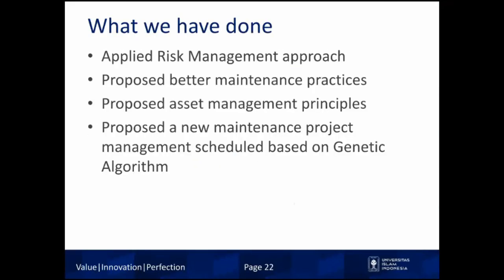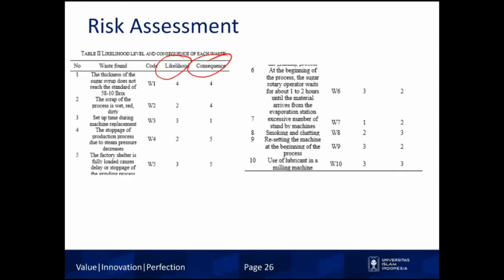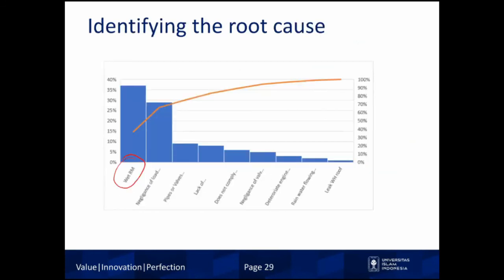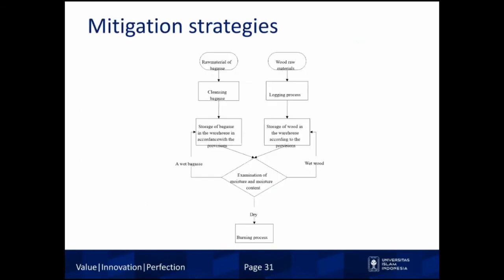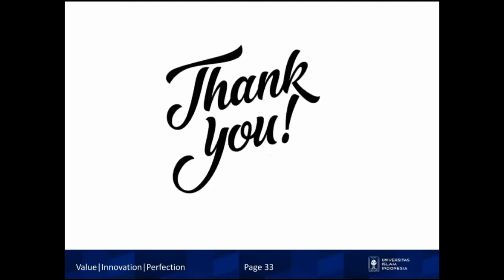Yeah. If you want to see more detail about how we identify the risks, how we assess the risks, especially related with the asset, and how we develop a mitigation strategy, and how we calculate the cost of the mitigation strategy.